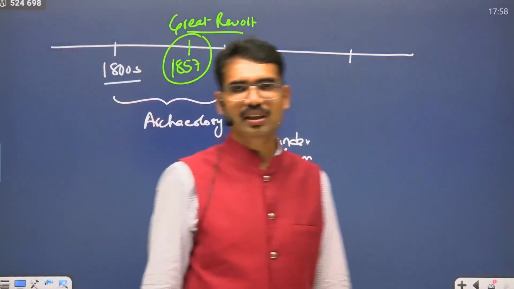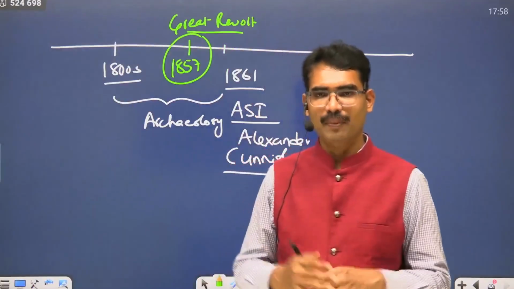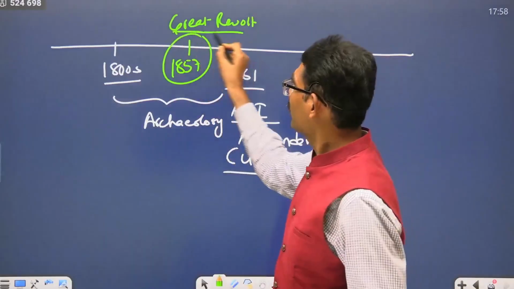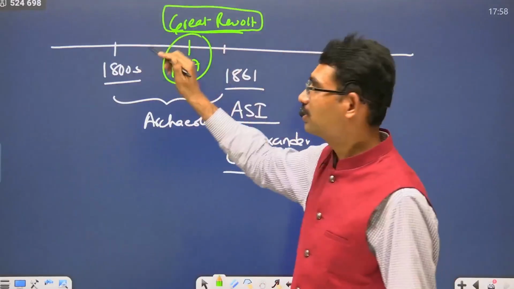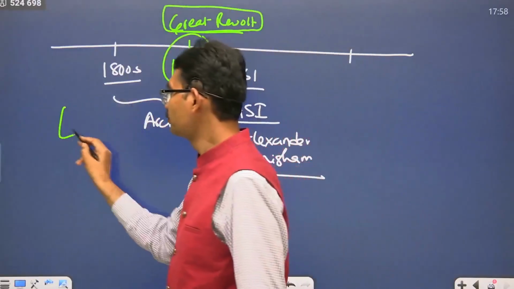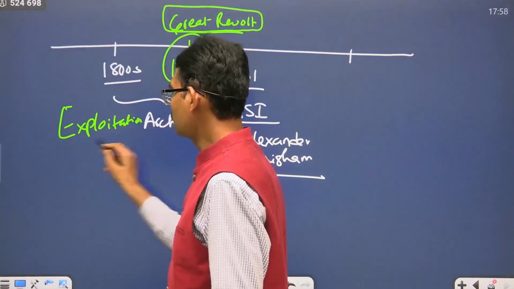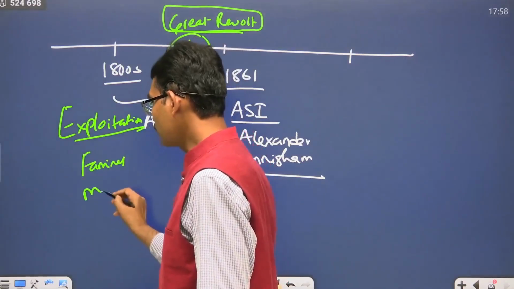Everyone knows Rani Jhansi Lakshmi Bai, Tantia Tope, many freedom fighters, Mangal Pandey. They were the great leaders during this time period. They fought against the British Raj because by this time, the British exploitation was so deep, so intense. So many famines have taken place. Millions of people died.